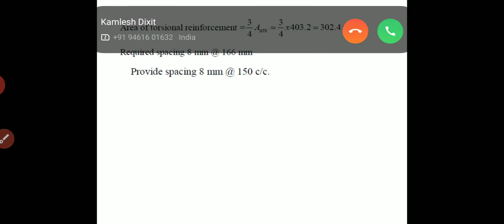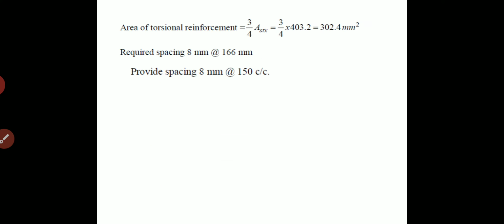Area of torsional reinforcement is 3 by 4 AST. So here we provide the AST X value: 3 by 4 into 403.2 mm. So we get the area of torsional reinforcement equal to 302.4 mm square.